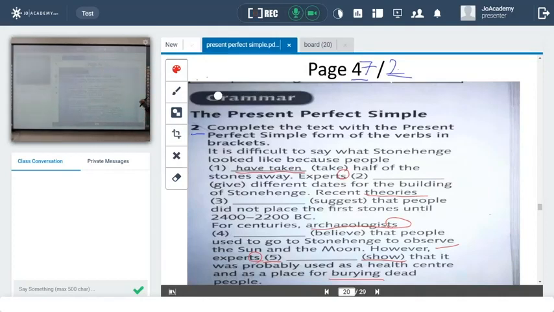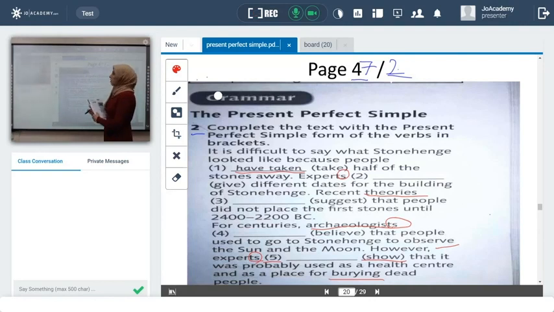So, we have answered the exercise using the present perfect simple tense of verbs. It was easy, right? Okay, we're going to move now to the next exercise. Is your book with you? Okay, so we're going to move to the next page.